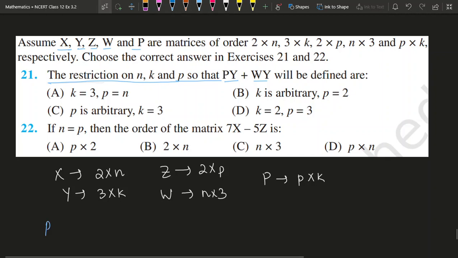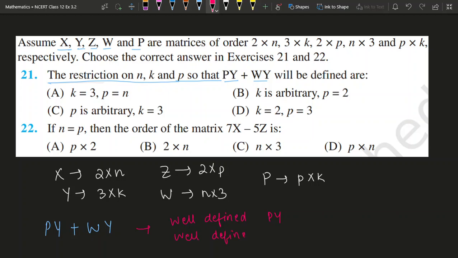To have a well-defined matrix PY plus WY, you first need to have a well-defined product PY, and then you need to ensure a well-defined WY. And once you have ensured that those two matrices are well defined, you also need to check that their orders are the same. If they are not, then you cannot add.